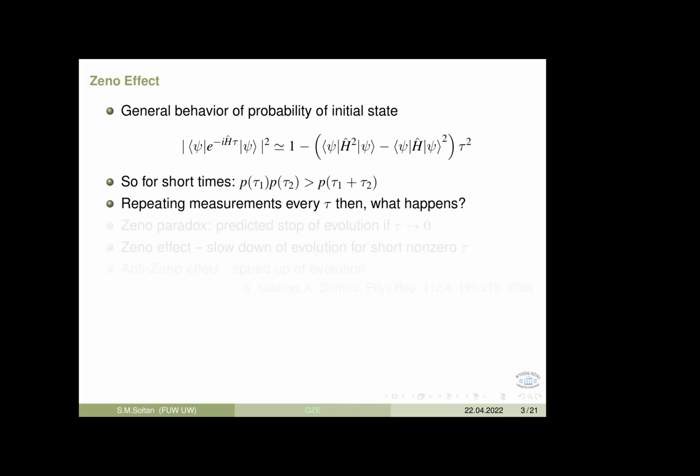So if we repeat measurements every short time, what happens is the so-called Zeno effect, named after a Greek philosopher who argued that movement is an illusion. It is not possible, but the name is sort of a philosophical joke. Indeed, if we take this notion to its extremes, if we take the time between measurements to zero, which is of course not a very physical limit, then we obtain what was once called the Zeno paradox, that the system stops its evolution altogether, only due to the continuous measurement.